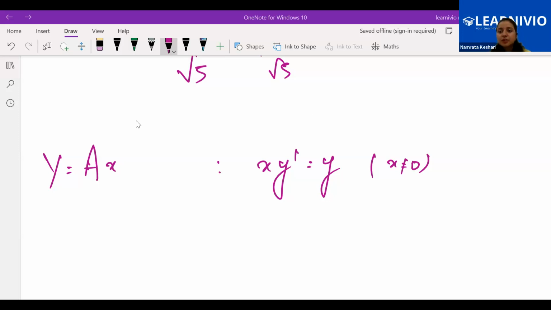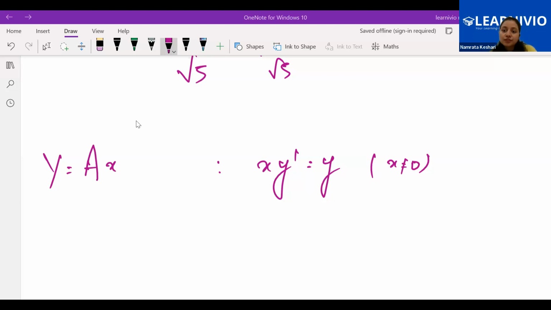Yes, Murtaza, are you able to do it? a is a constant. Yeah, a is a constant. a is just a constant. So while finding the derivative, we should bring a outside and just find x's derivative.